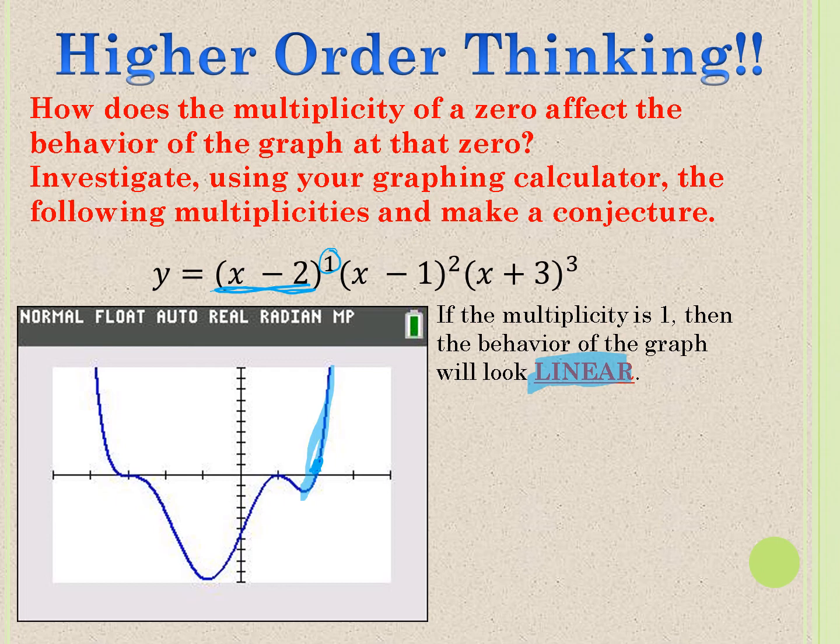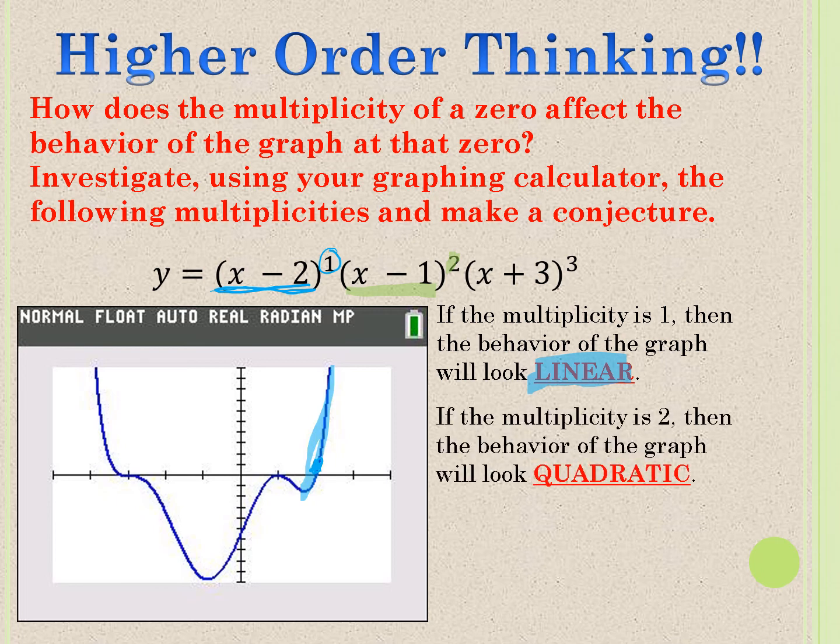Okay? What if your multiplicity is 2 though? So we have another intercept at +1. +1 has a multiplicity of 2. So remember, it's going to bounce. But did you know if the multiplicity is 2, not only does it bounce, but it looks like a quadratic at x equals 1.